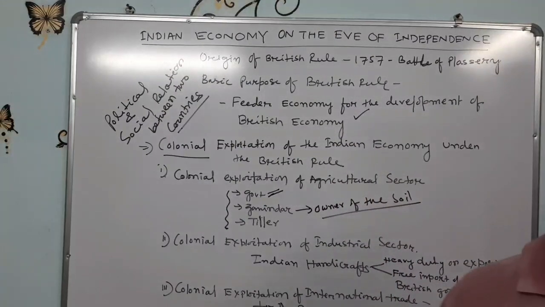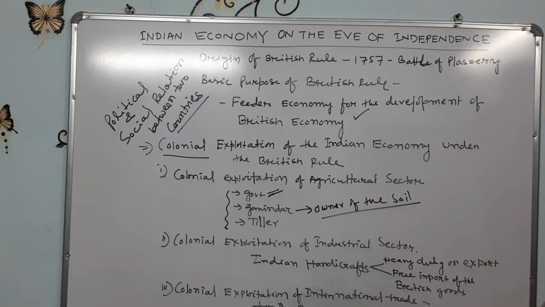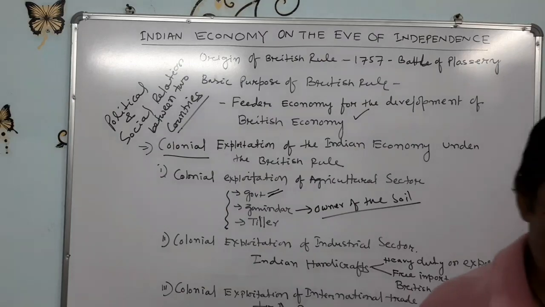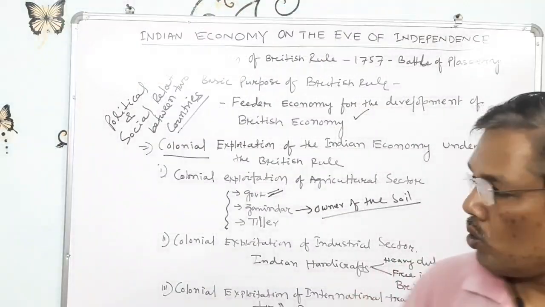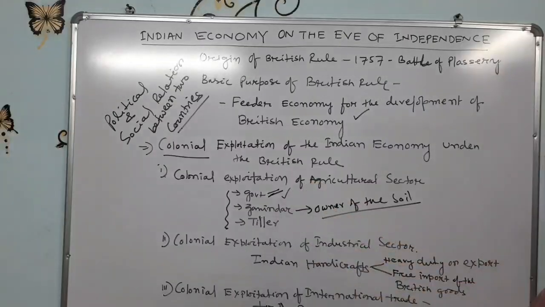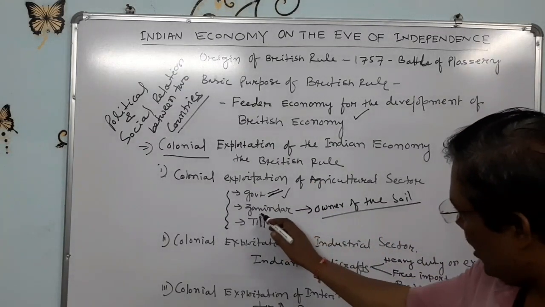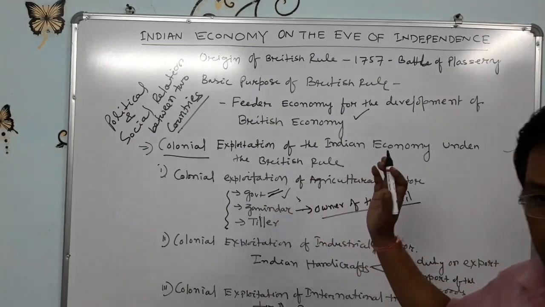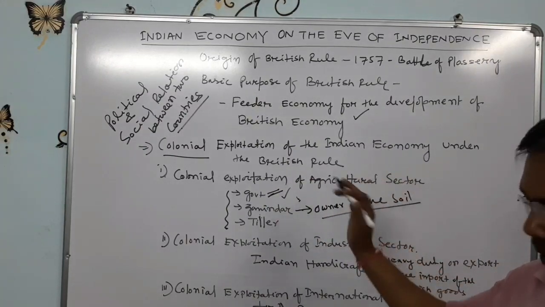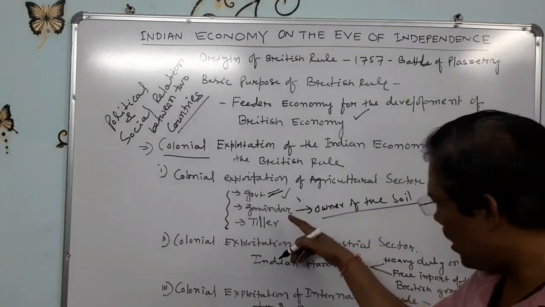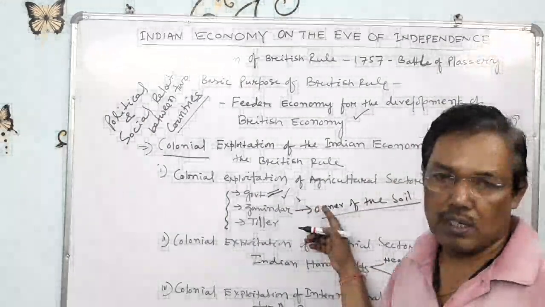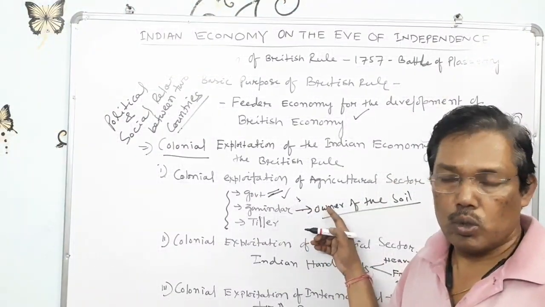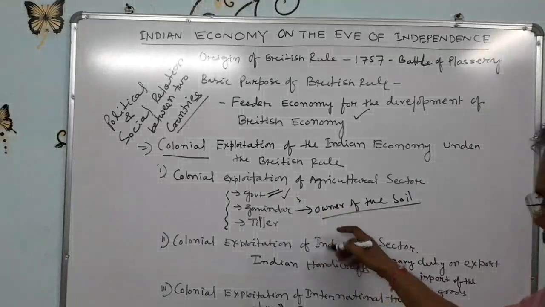These owners of the soil would fix portions of the land revenue to be paid to the British government. Try to understand: the zamindar would fix some portion for the government. But the zamindar was given the freedom to collect these revenues from the tiller.